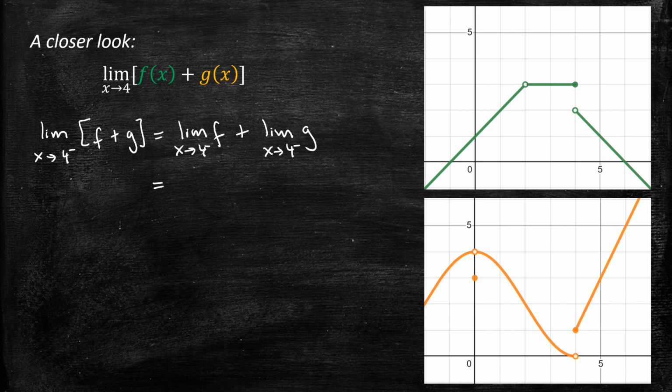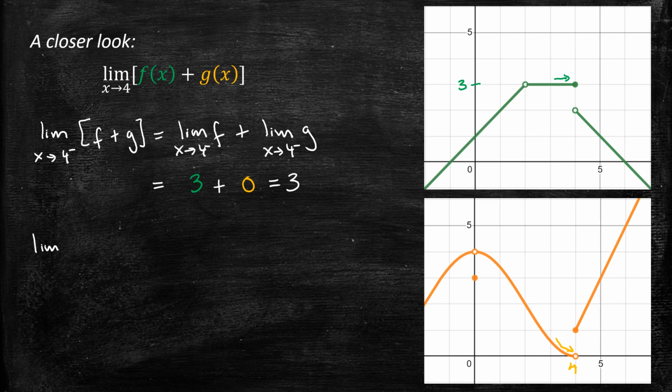So f from the left of 4, we're approaching this y value of 3. So that's 3. And if we look at g from the left of 4, so 4 is here, as we approach from the left, it seems that our y value is approaching 0. And 3 plus 0 equals 3.